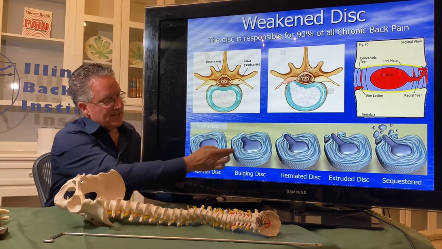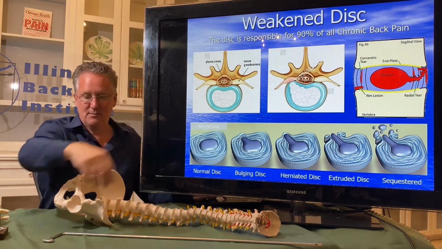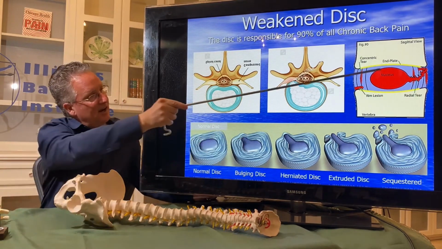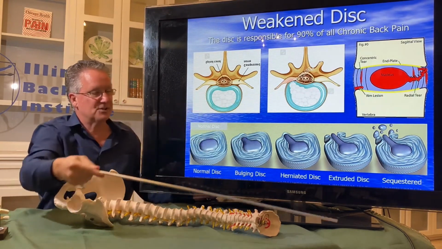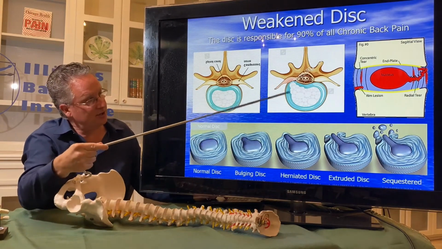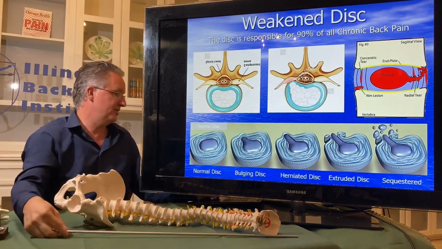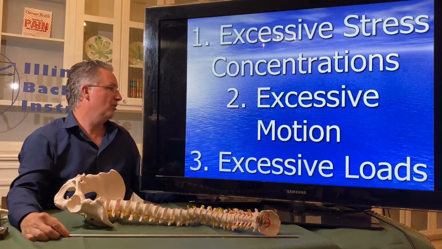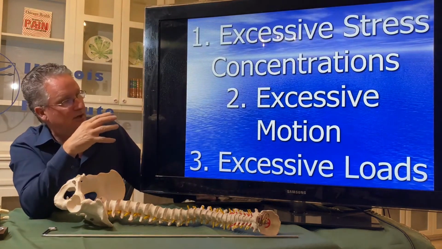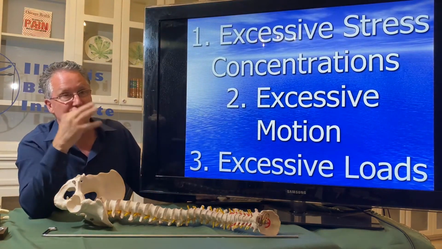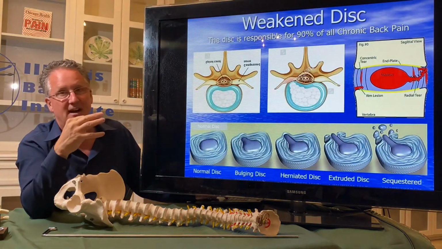Healthy discs are like this. As that nucleus starts to migrate out through that tear, which is right out through there, the annulus will start to tear under the load or under the excessive motion or under the excessive load.